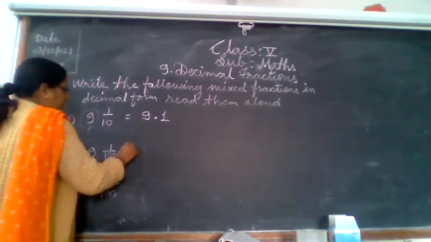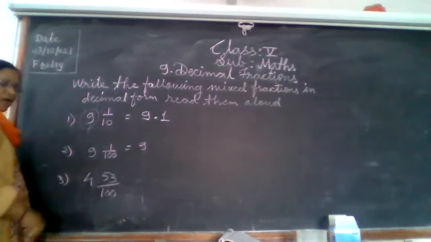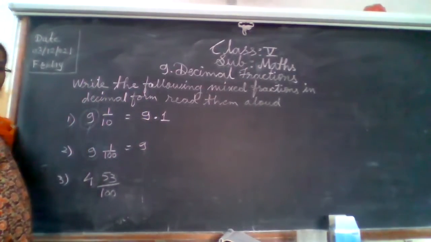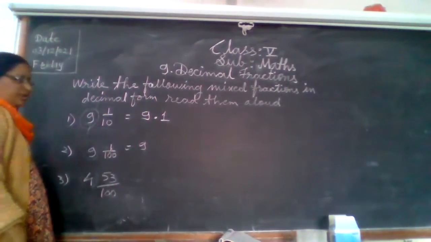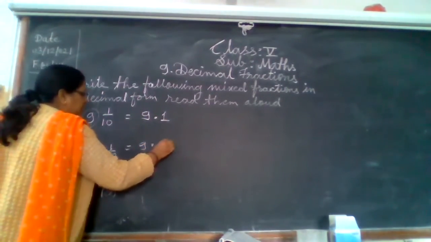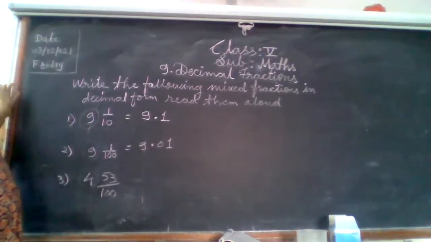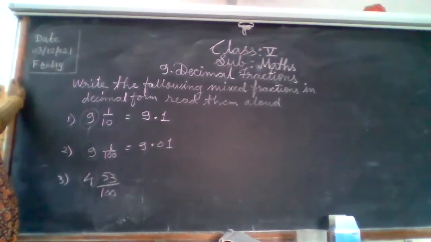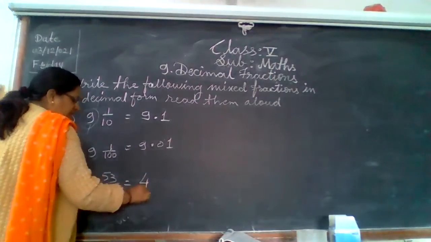Here also the whole number is 9. 1 upon 100 means you have to divide this 1 by 100. It is the hundredths place, so no tenths place is there. So 0.01. 9.01 or 9 and 1 hundredth. Next, 4 is the whole number.